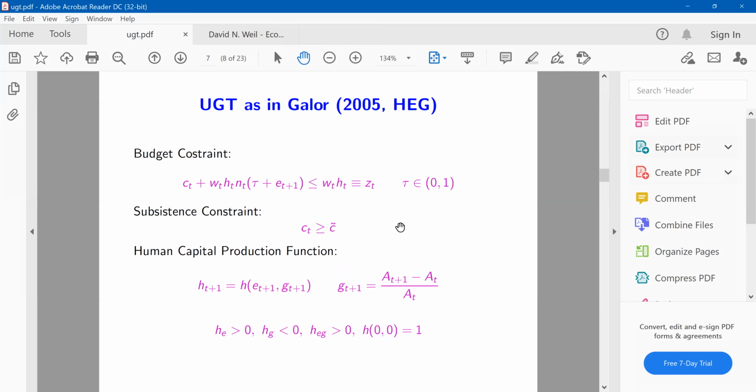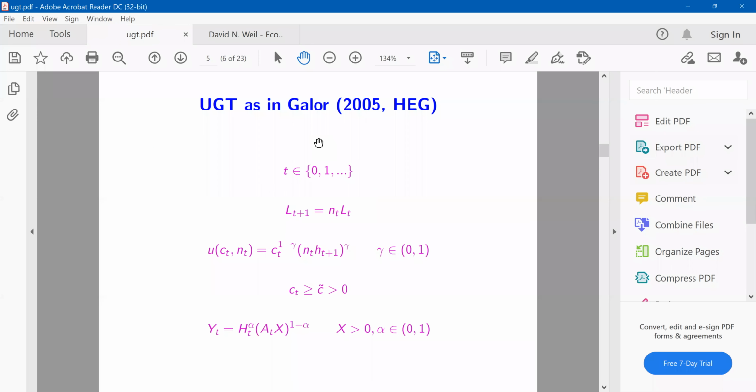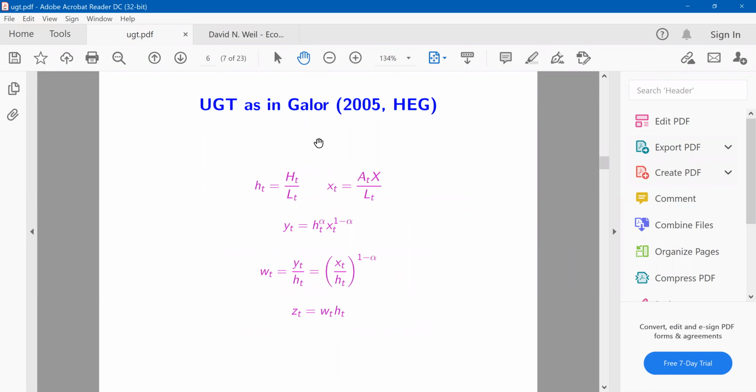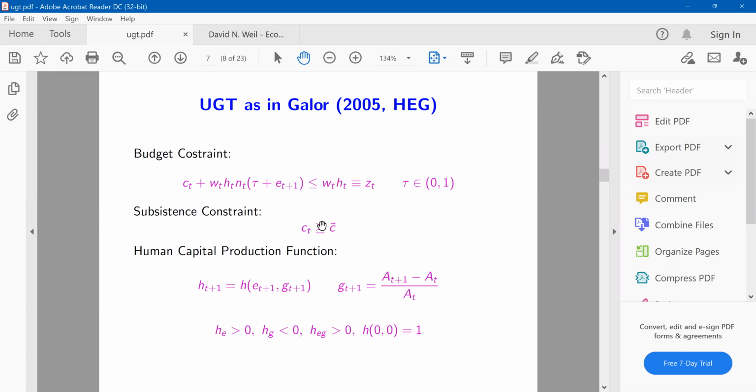Now, the important thing is the budget constraint, right? Why? Because they're going to maximize this utility under some constraint. So the budget constraint is very simple. What do you see here? This is income, right? W_t H_t. So income must be greater than or equal to consumption spending and the time cost of children.